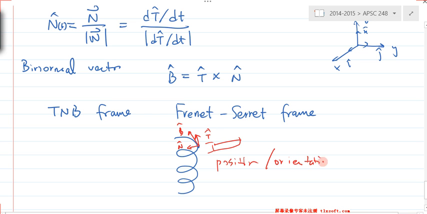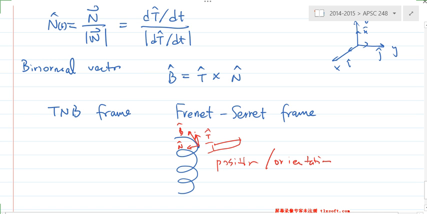Two things need to be satisfied to describe the motion of a robot here. Of course, step number one is to calculate the TNB frame based on the given trajectory, that is, to calculate T hat, N hat, and B hat, and then we give it to the robot, and the robot will follow the TNB.